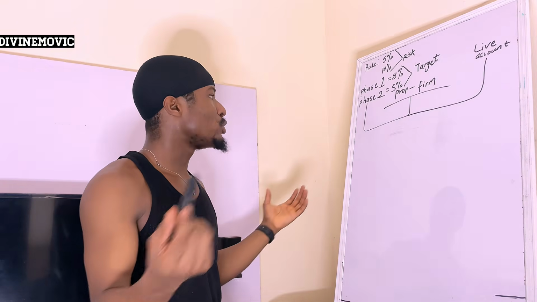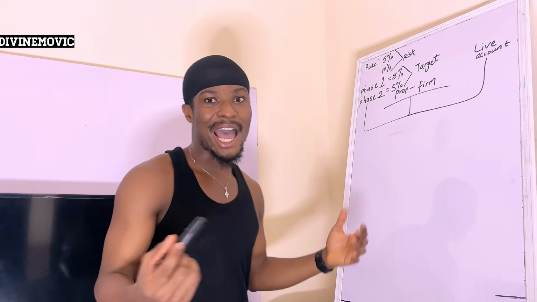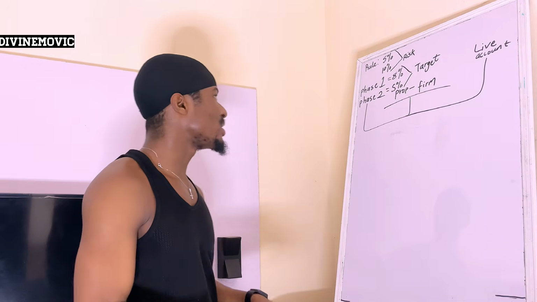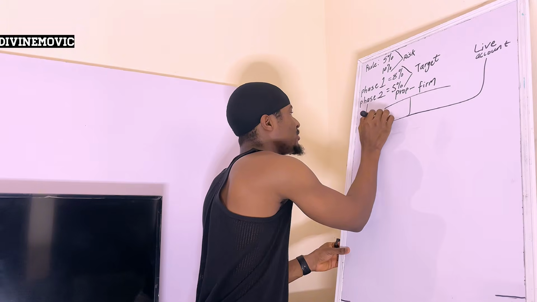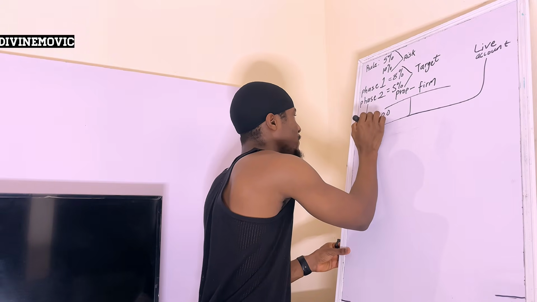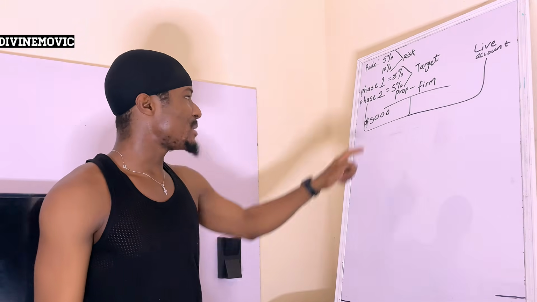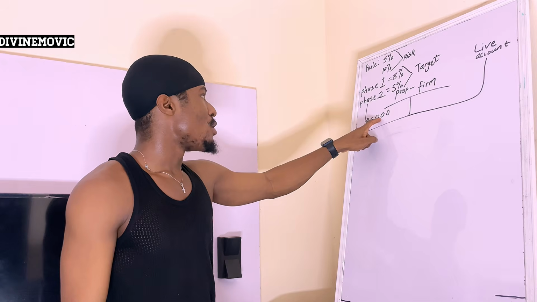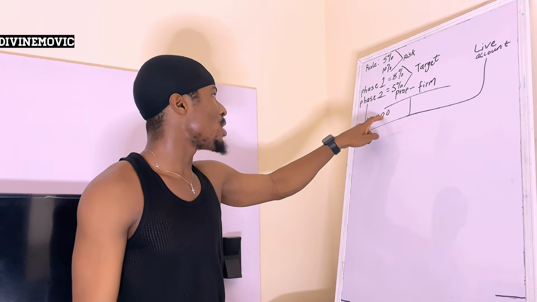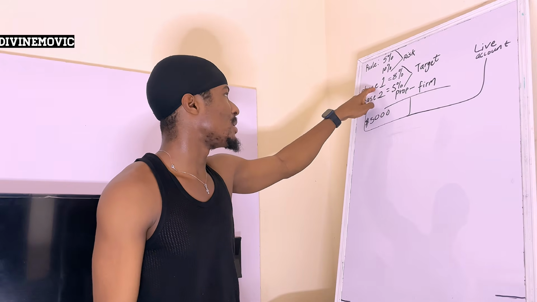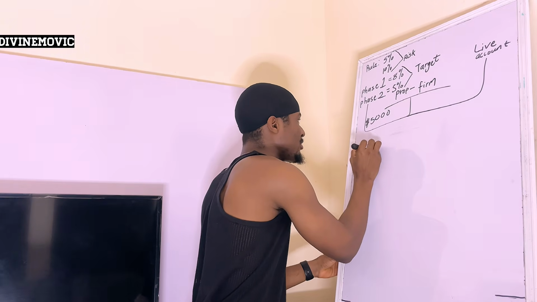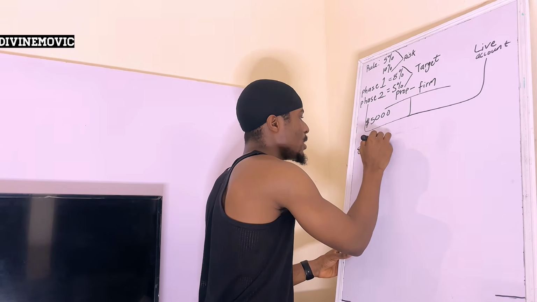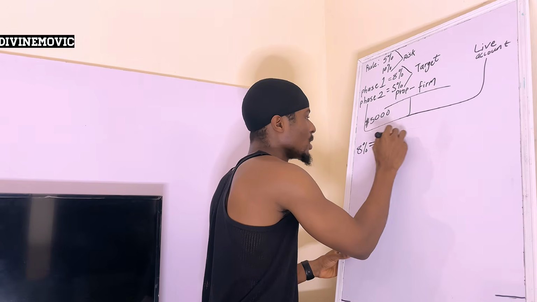Now, let's assume you go to this prop firm or this company and tell them that you want them to give you $5,000. And this prop firm is telling you that for us to give you this money, we want you to pass phase 1 with 8%, which is simply what? You have to make 8% of $5,000, which is what? $400.